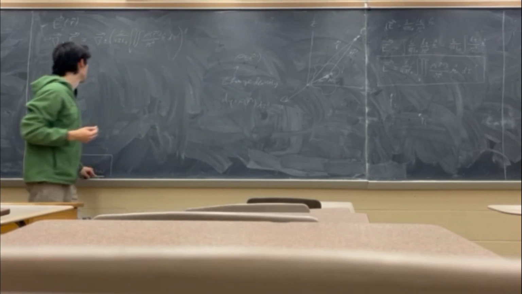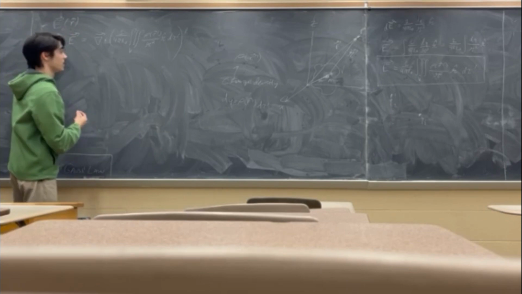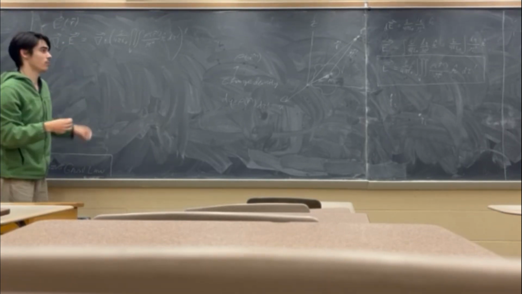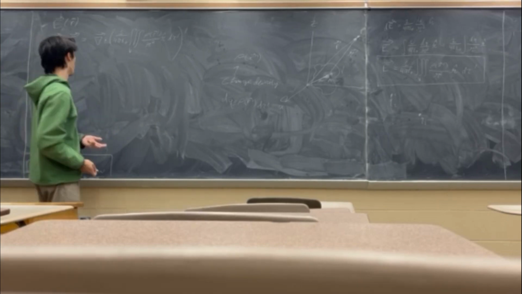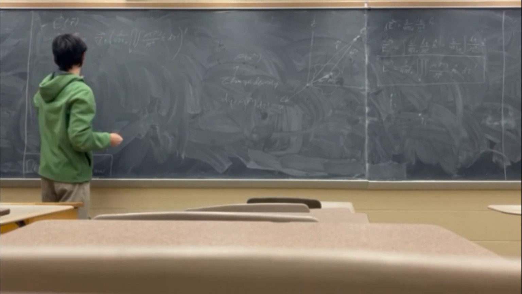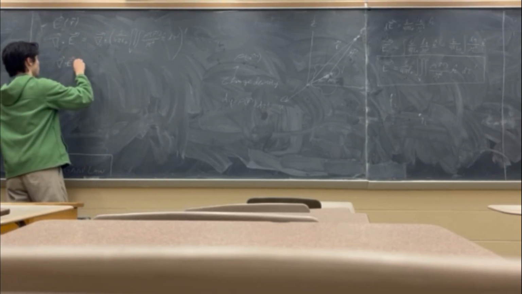And then something to note is that since this is a function of r, this divergence is with respect to r rather than the separation vector or r prime. So now this is a constant. We can pull this out to the front.